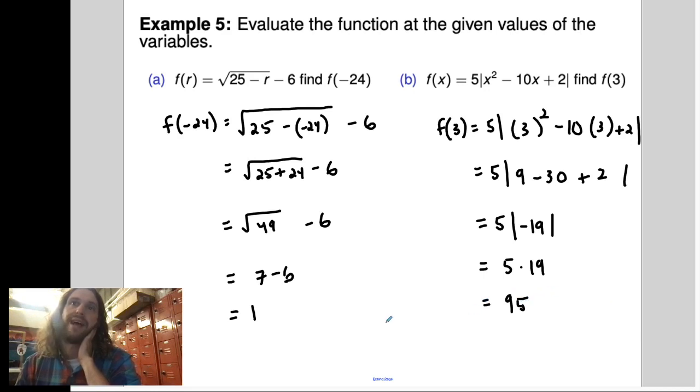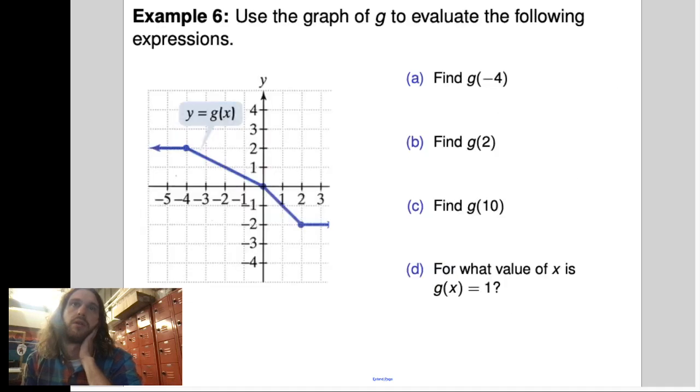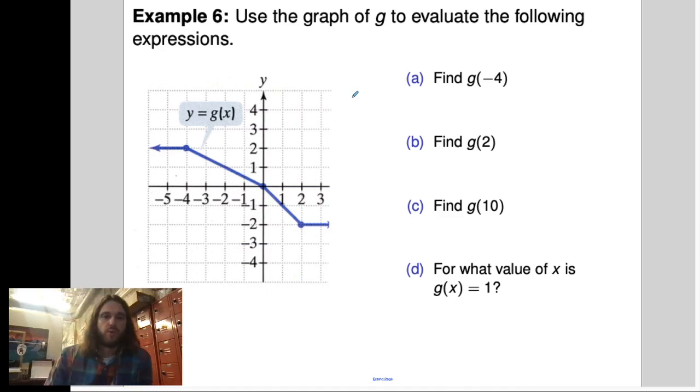Okay, and the very last section here is using a graph. So sometimes it's not always a rule. You just have to look at a graph and be able to identify what it's asking.